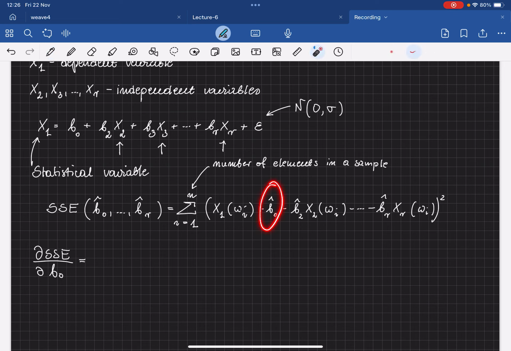B0 is here, so we see that the derivative will be minus 2 times the sum over i, not n, sorry, of the whole bracket but without the square.